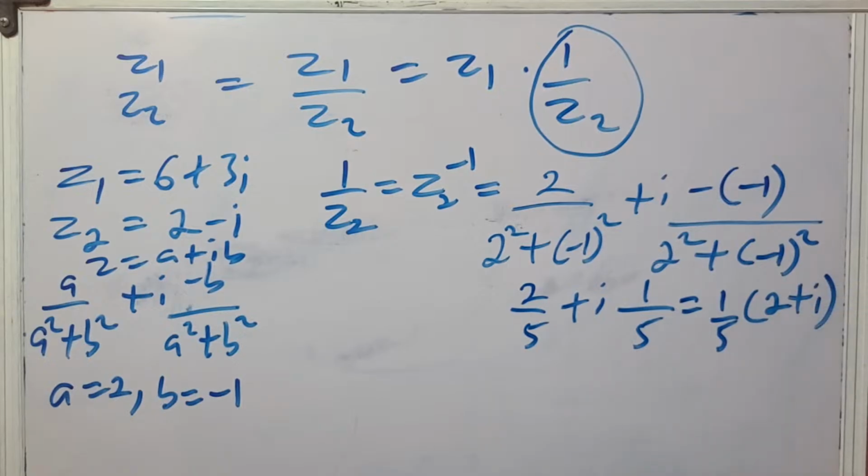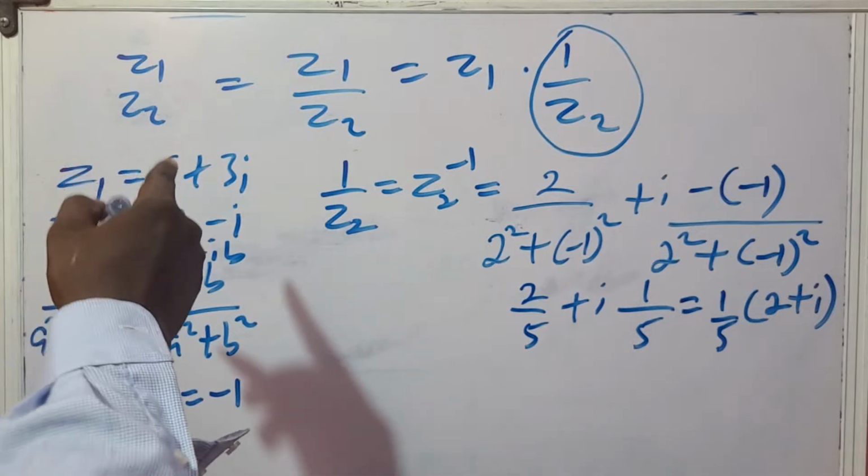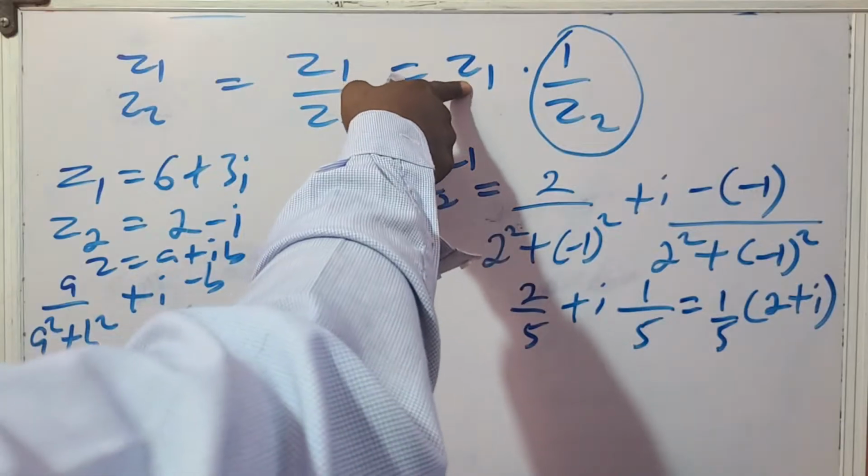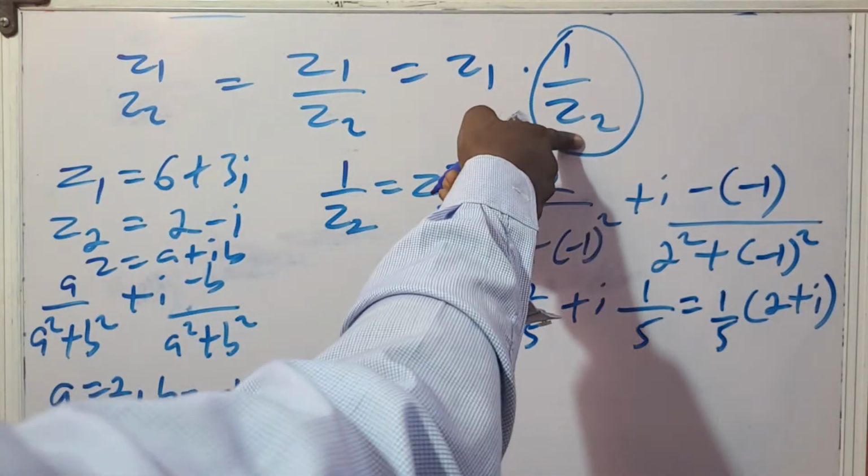So that's just the way we're going to solve for it. You can see how we're able to get the multiplicative inverse very easily by just fitting this into a formula we already know. So now the next step, this is not the final step, because we're told to divide the two. And I told you that to divide the two, we have to multiply z1 times the multiplicative inverse.